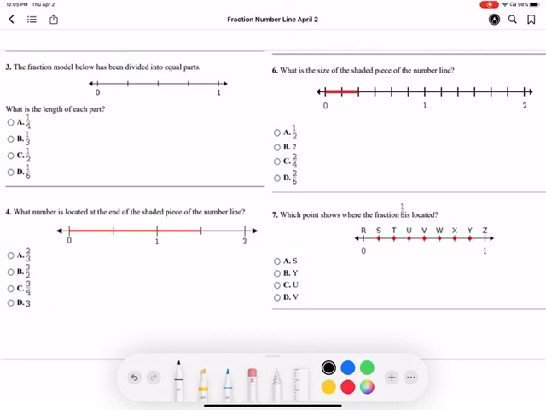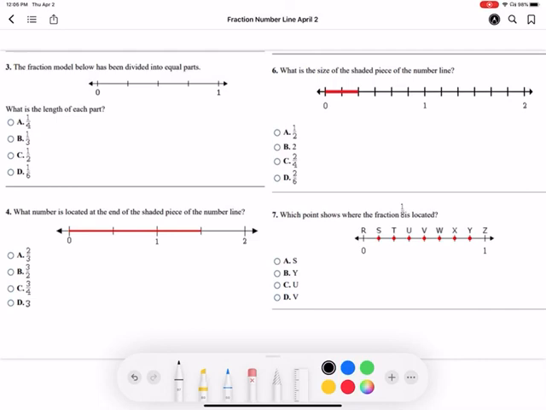Just a little bit more. Okay, that's a good amount of time there to do those.